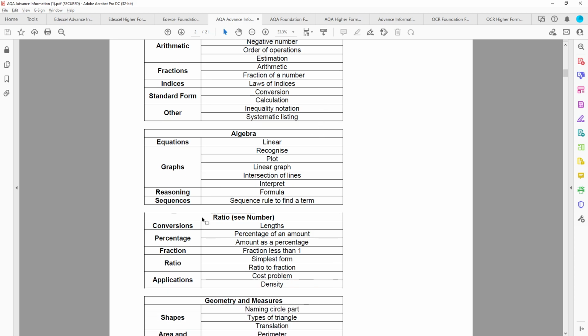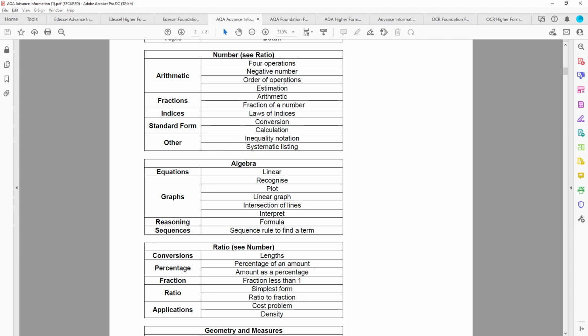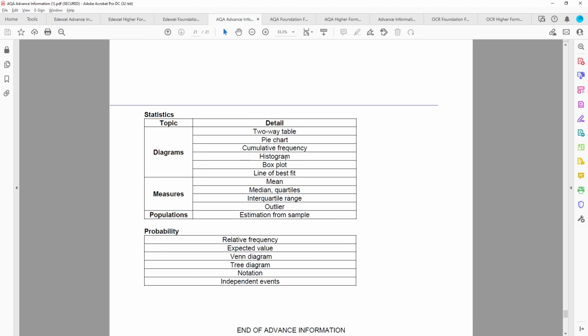The different exam boards call things different. Like the syllabus calls them different words sometimes. You might get negative number as a topic, or you might get directed numbers as a topic, for instance. So they just mean the same thing, but it's open to interpretation what to call things sometimes.